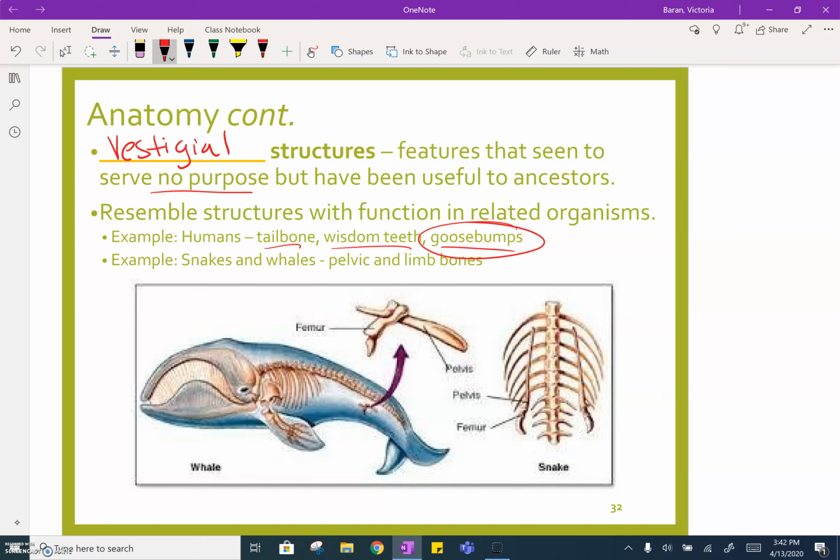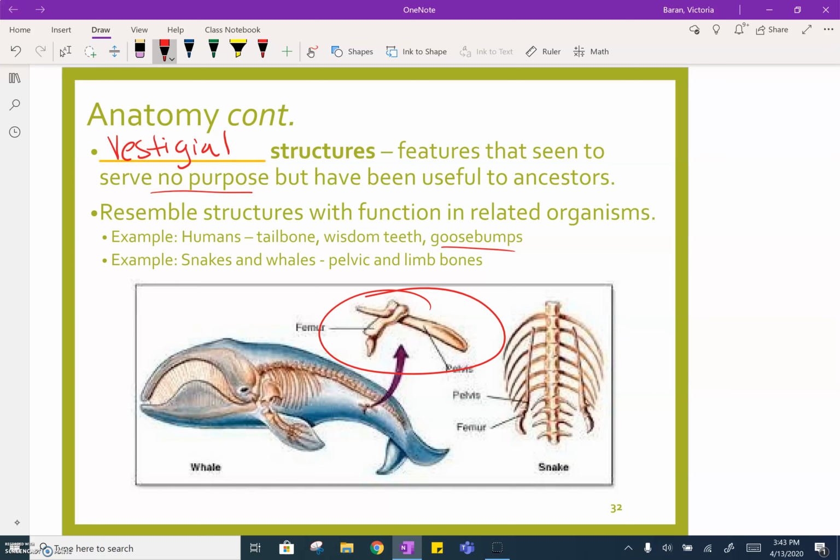Goosebumps, organisms that have hair, if they get goosebumps, it's actually meant to trap heat and keep them warm. But for us, since we don't have hair all over our bodies, this does not serve a purpose. In snakes and whales, for instance, they don't have any legs, but they still do have a pelvic bone and remnants of that.